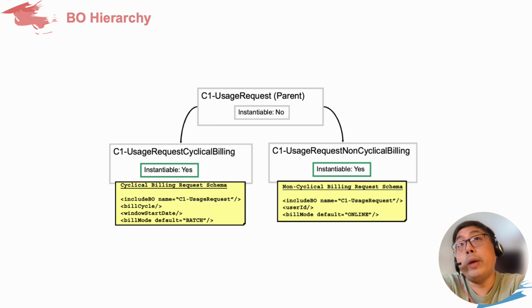For C2M, you will see objects starting with X1. There are a lot of objects and algorithms starting with X1, which I guess means cross both products. So you will see the X1 usage request in the system. I think the BO is probably still C1, but the algorithm will be X1 replacing the C1 behavior.